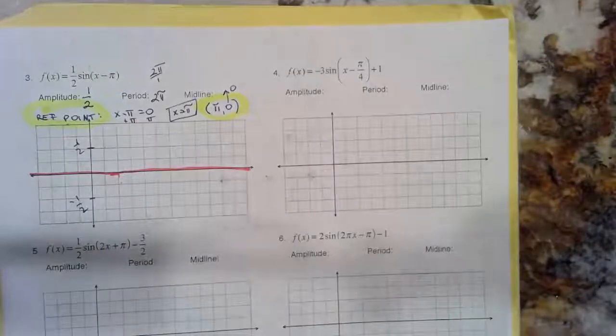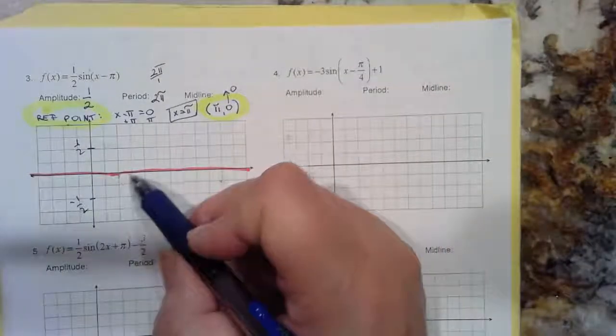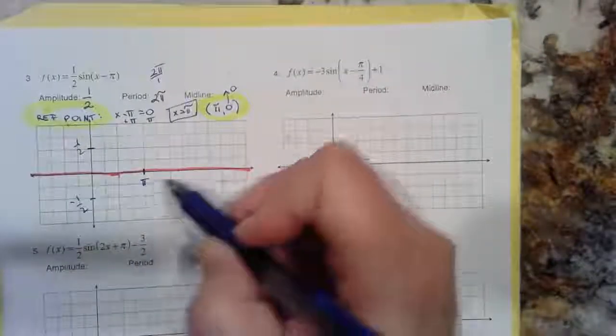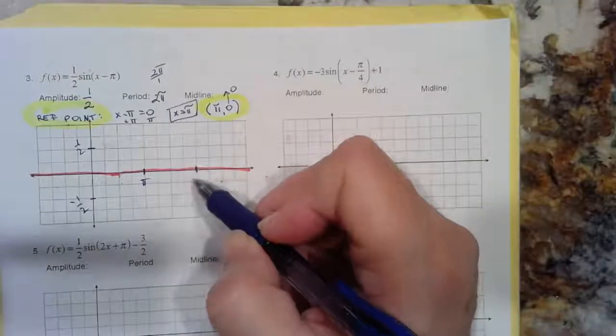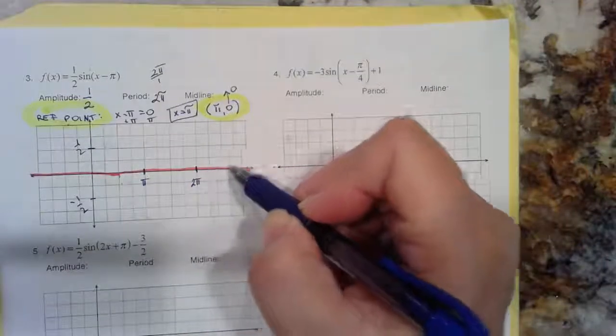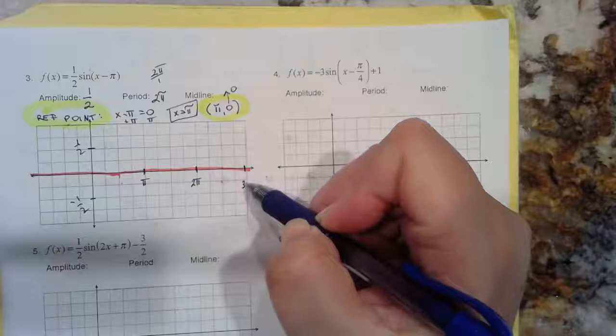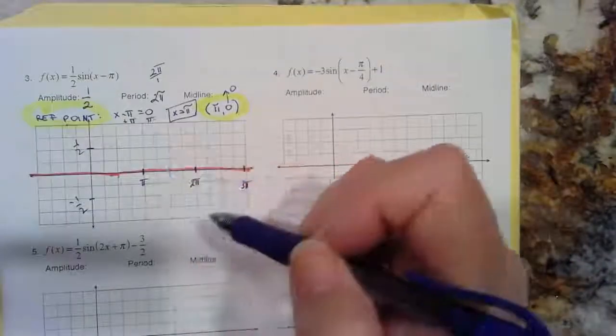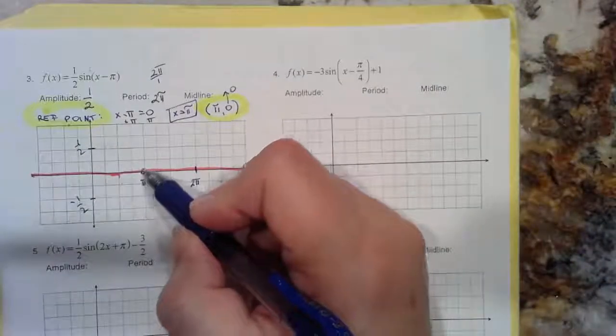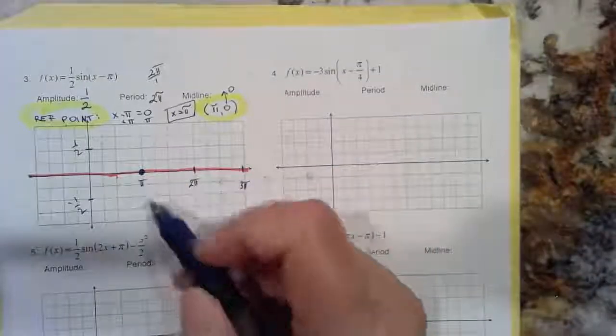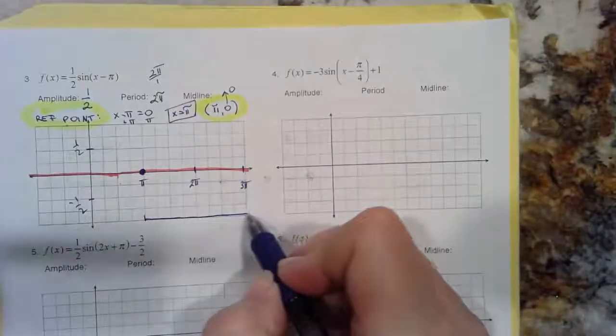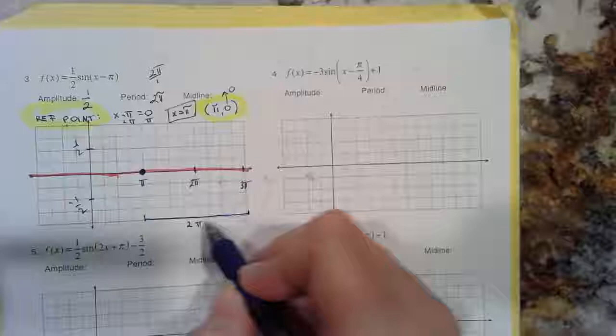I have enough room, I can count by 4. So 1, 2, 3, 4, this is my pi. 1, 2, 3, 4, this is my 2 pi. 1, 2, 3, 4, this is my 3 pi. So my period is 2 pi, but it starts at pi, 0. So this is my beginning. And from here, I have to count 2 pi's for my period.